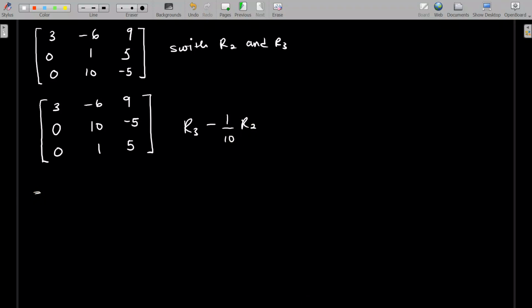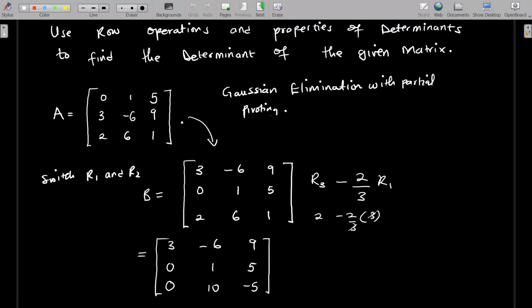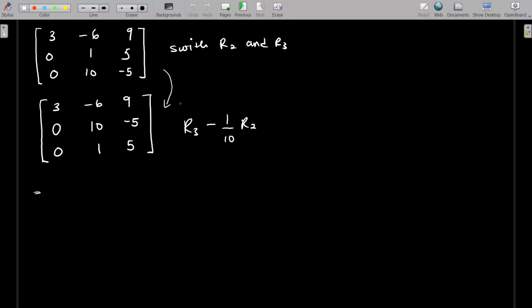So after switching, we have a different matrix from our original matrix B. Whatever determinant we get for this matrix, the determinant of this guy should be the negation of what we will get. Let's finish with the row operations, and then I'm going to show what I was talking about.